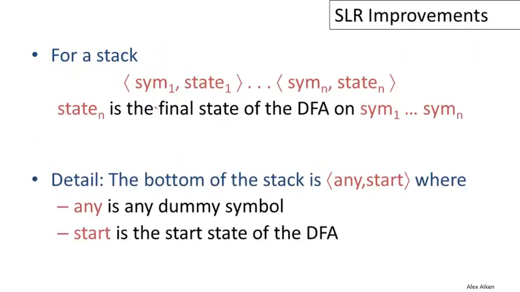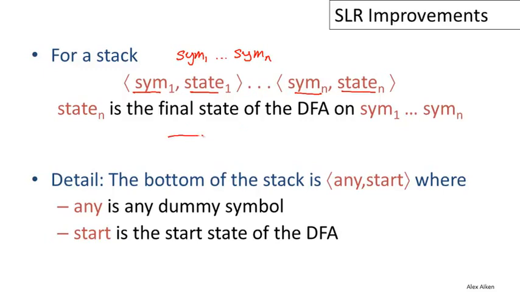Thus, the stack now is going to be a stack of pairs, and whereas before our stack would have consisted just of the symbols, sym1 up to symn, now we're going to have the same symbols, but each one of them is going to be paired with a DFA state, and that DFA state is going to be the result of running the DFA on all the symbols to its left, so all the symbols below it in the stack.